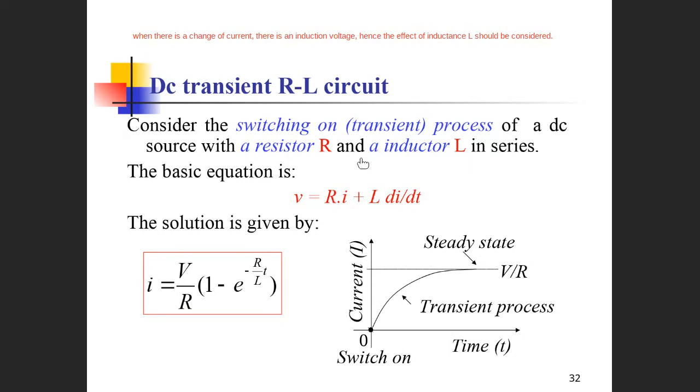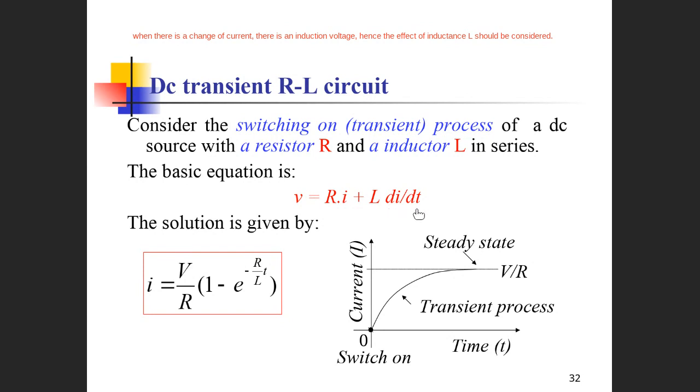In general, Ohm's law or the voltage equation in a general electromagnetic circuit can be written as: the source voltage V is supplied to the resistor and also to the inductor. So Ri is the voltage drop across the resistor.